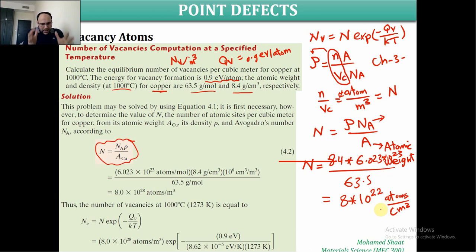Assuming you have 1 centimeter cube of this material, there should be 8 times 10 to the power 22 atoms.